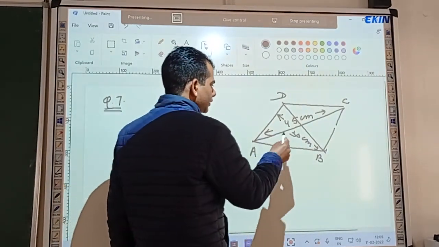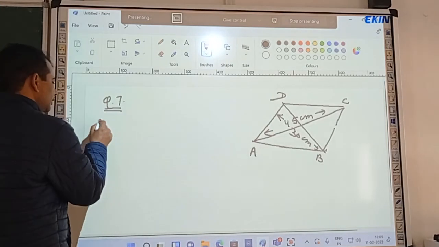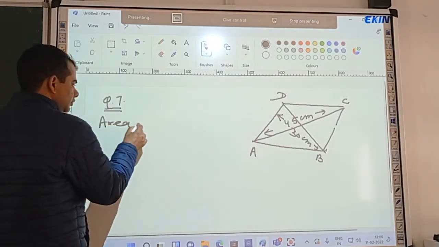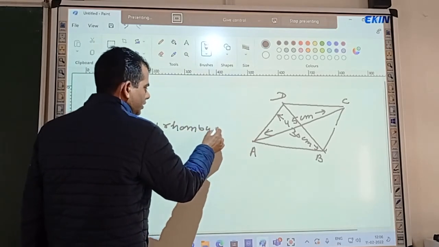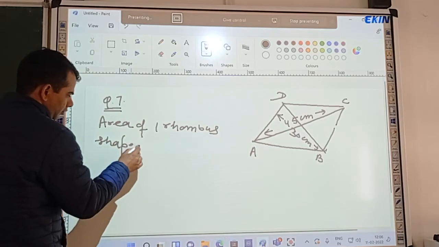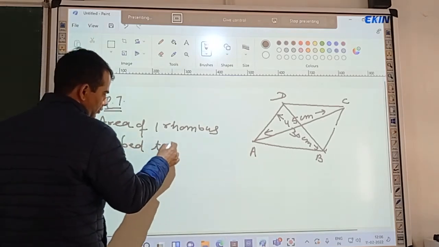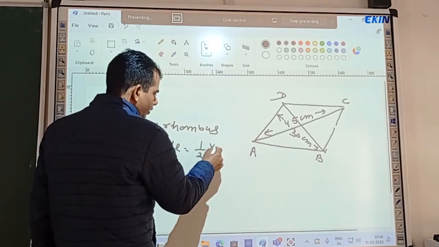Area of one rhombus shaped tile: what is the formula? 1 by 2 d1 into d2.